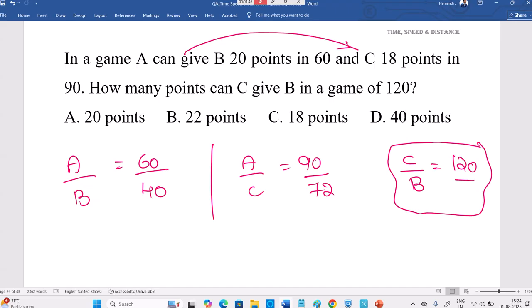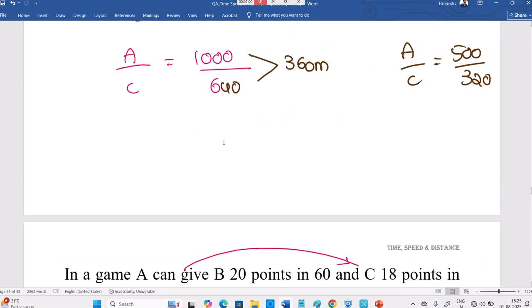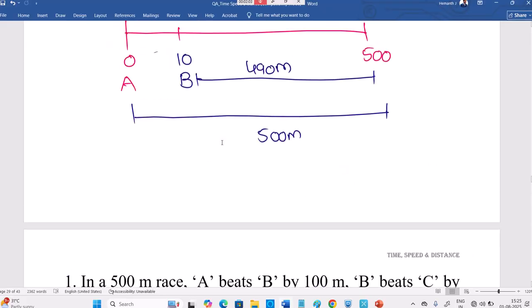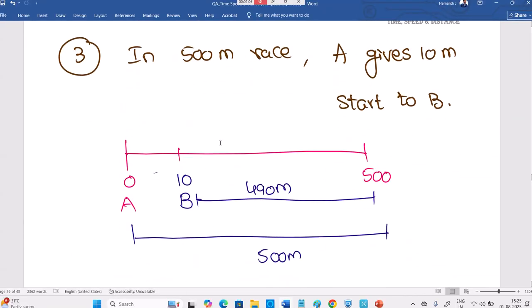Let's see. A can give B 20 points in 60, so when A is 60, B will be 40. We already gave a similar statement previously, just have a look. In a 500-meter race, if A gives 10 meters start to B, A starts from 0 and needs to travel 500, whereas to complete the race, B should travel only 490, because A gave 10 meters start to B, so B will start from 10.